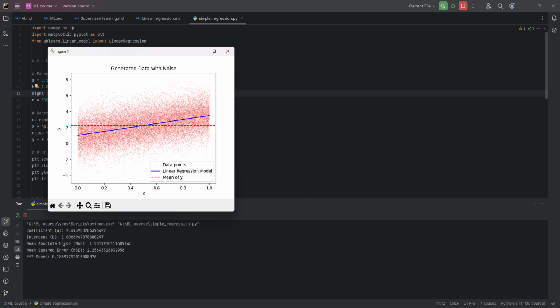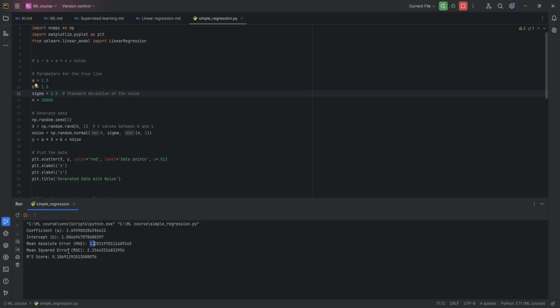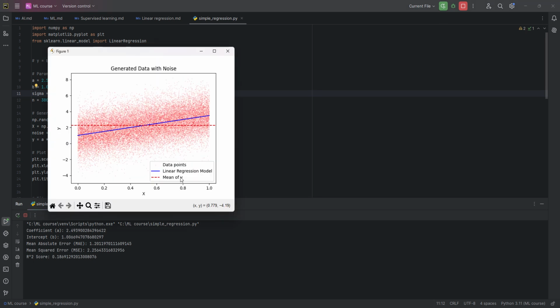But our mean absolute error and MSE increased a lot, and only 18% of the total variance is described by our model. As you can see, the model's distance to the points is much greater than the previous one.